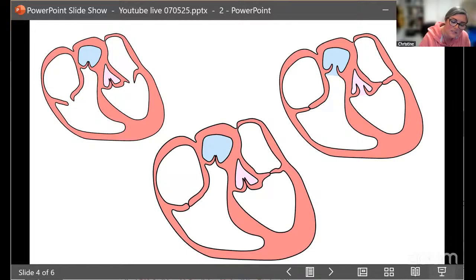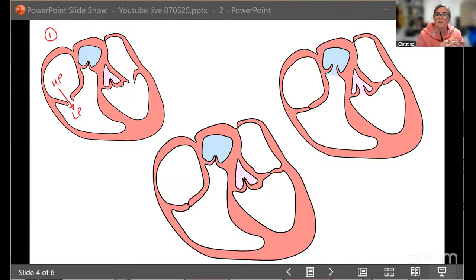So in this first diagram, we call this number 1, what we can see is our pressure is higher in the atria than the ventricle, and therefore that is resulting in the valve being opened. So if there is a higher pressure in the atria, that is going to force the valves open, and it will do that because of that atrial contraction.